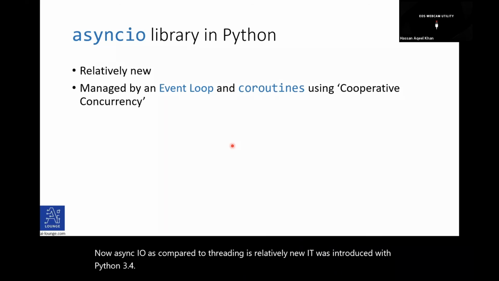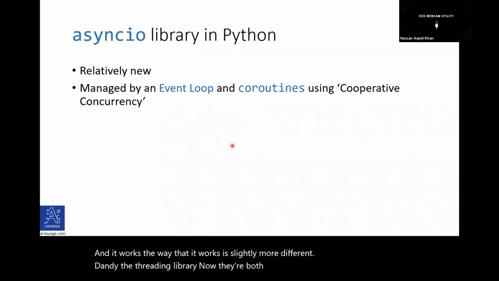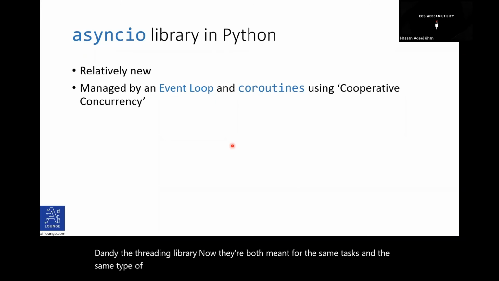And the way that it works is slightly different than the threading library. Now they're both meant for the same tasks and the same type of workloads, but asyncio has some key differences that we're going to discuss in a bit.